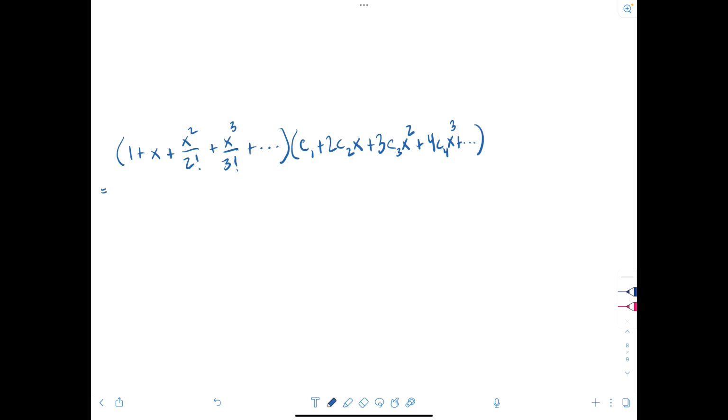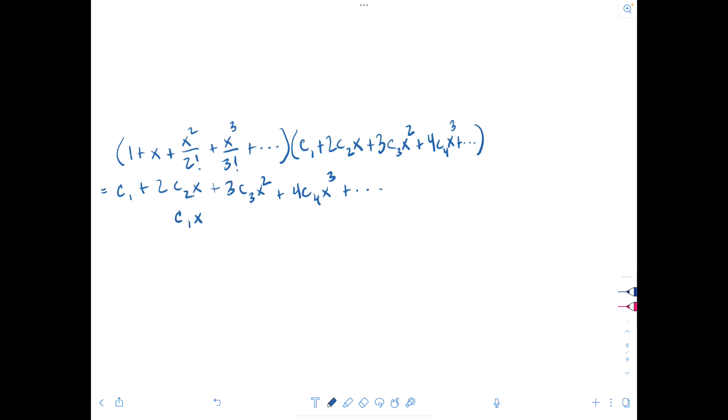So I'm going to take the 1 through all of that second factor. So we'll get c1 plus 2 times c2 x plus 3c3 x squared plus 4c4 x cubed plus ... Now I'm going to take the x through each one. I'm going to line up the powers of x.